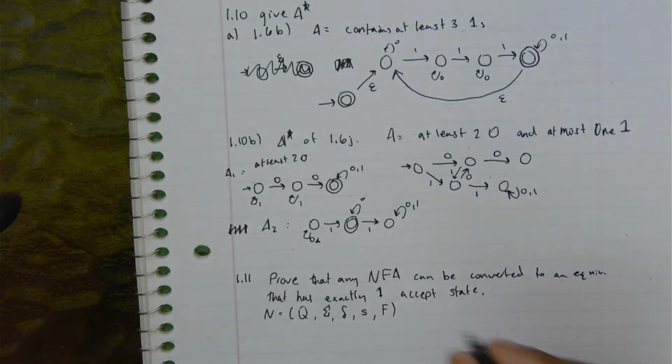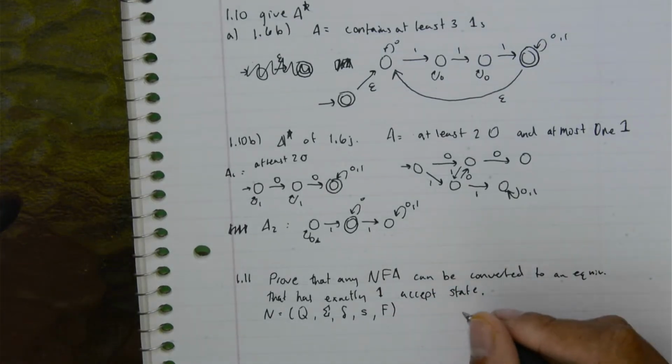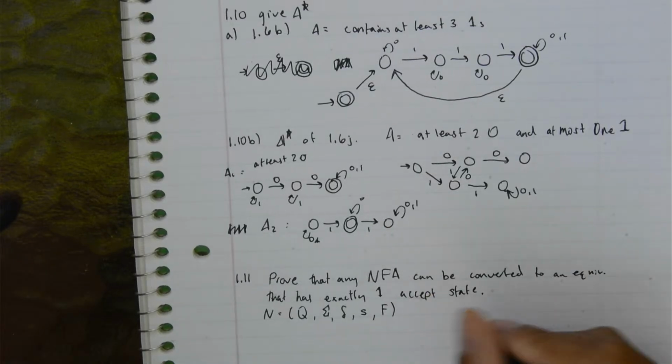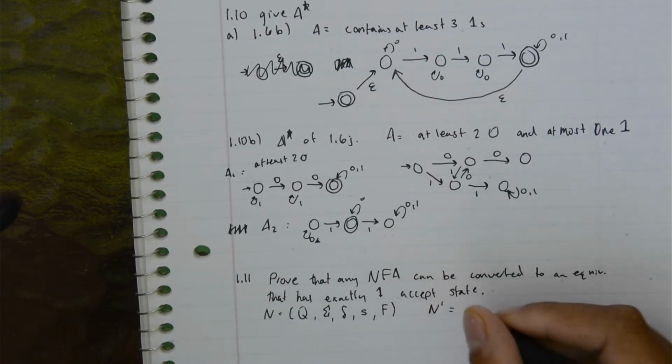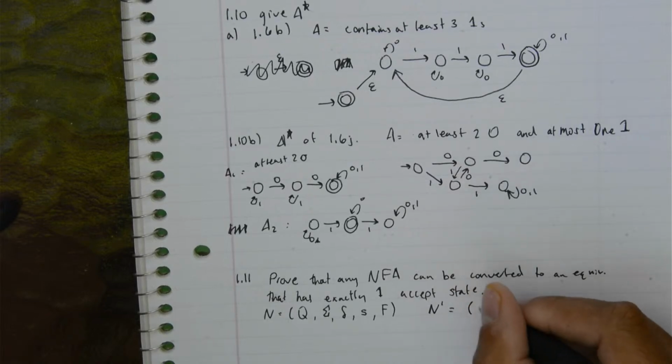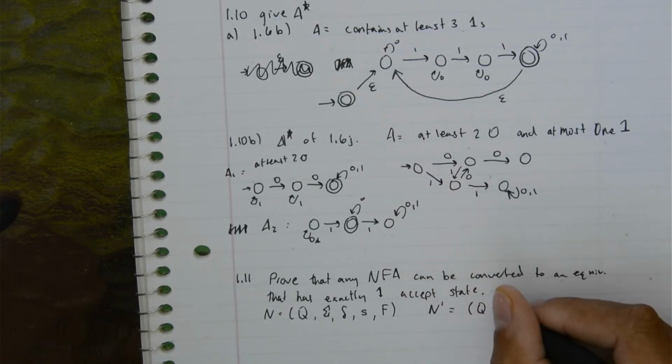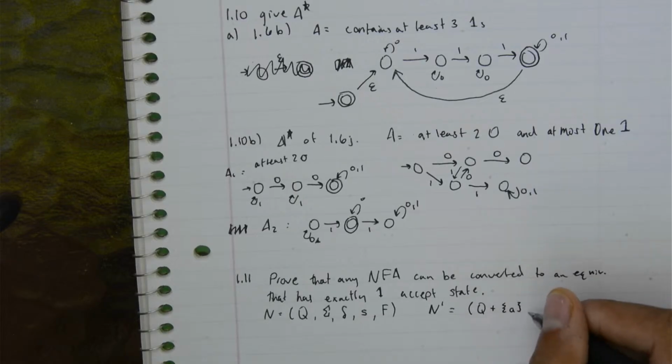Okay. What you're going to do is you're going to say N prime is equal to Q plus this new state A. Sigma stays the same.